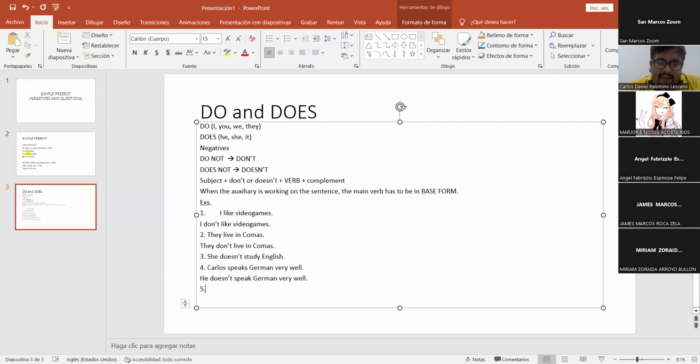Okay, number 5. The last one about these negative forms. Bonex opens at 7 a.m. Please, could you make the negative sentence from this one? You have 30 seconds, all right? Tienes 30 segundos.